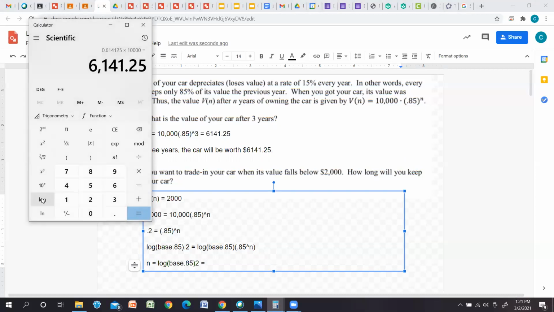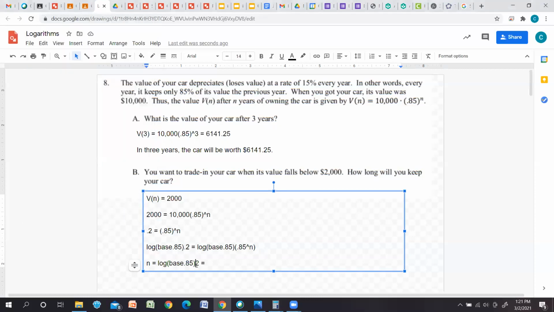First you take the log of 0.2, and divide it by the log of 0.85, right? Oh, it's 0.2. That's a typo.